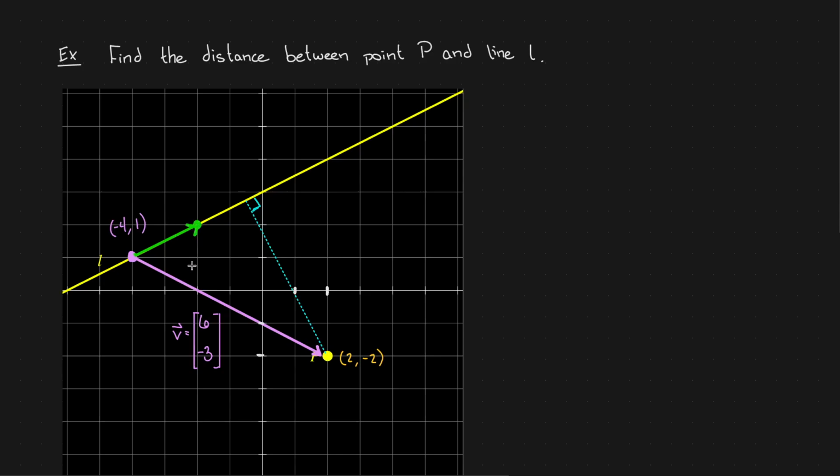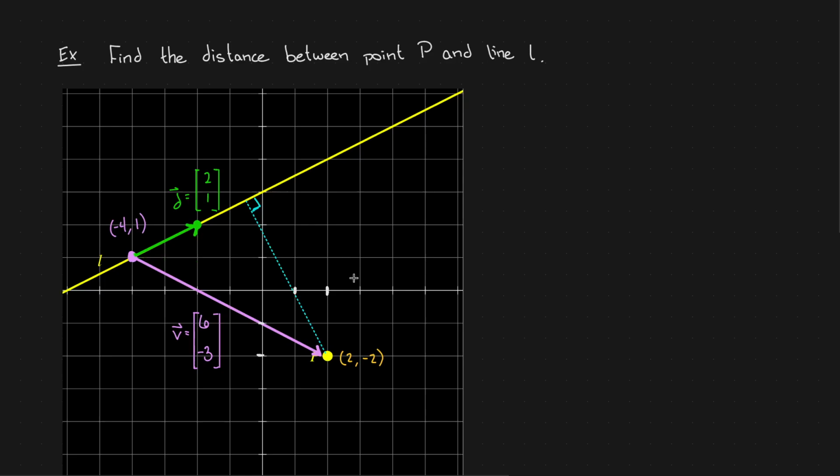Okay, let's call this vector D. And we can see pretty easily I'm going 2 to the right, 1 up, right? From here to here. 2 to the right, 1 up.